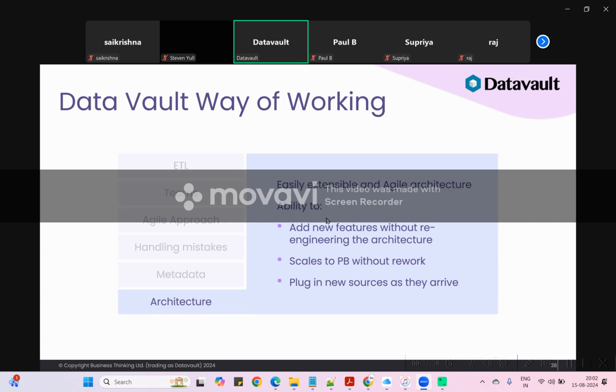So if I'm working with tools like Snowflake, for example, I can grow by just adding more processing power or more storage area for my data. So I can scale up and up and up. There's no need to stop at some point and re-engineer or reload something. The architecture just grows.